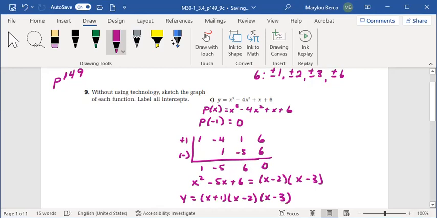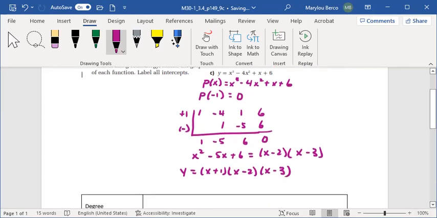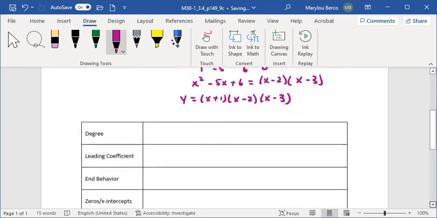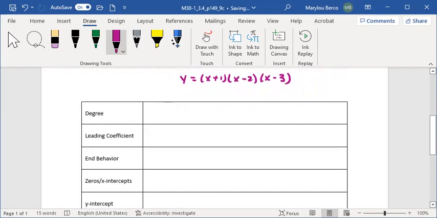So we'll use a table again to organize the information about the function and to sketch the graph. So the degree is 3. The leading coefficient was 1.